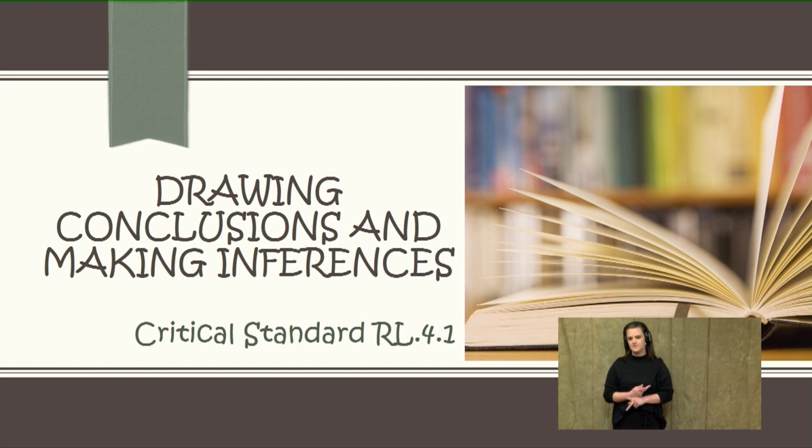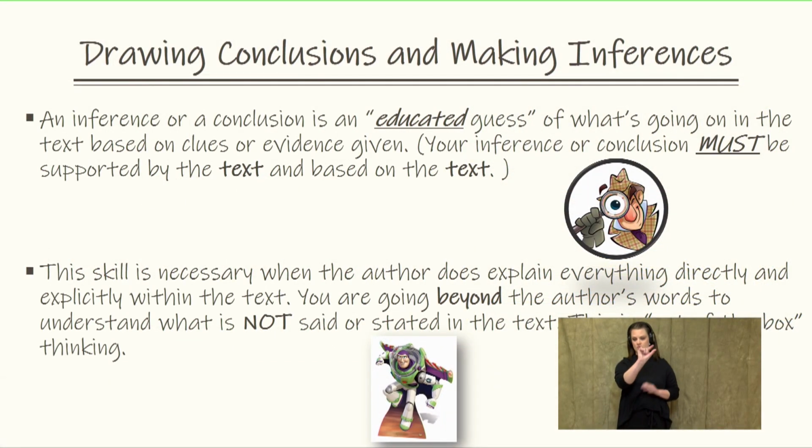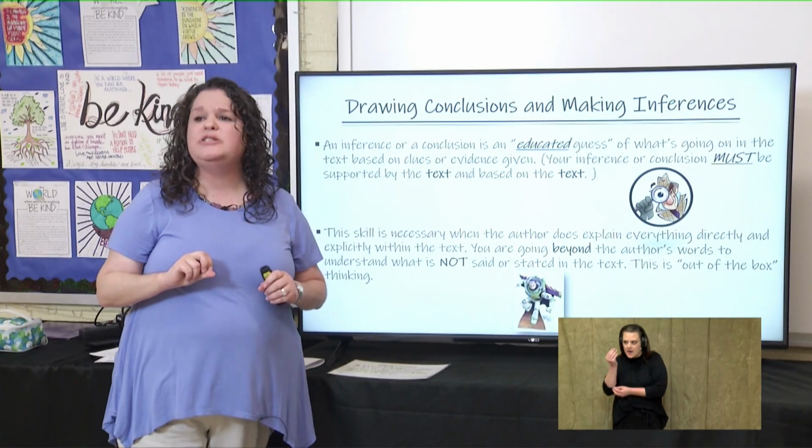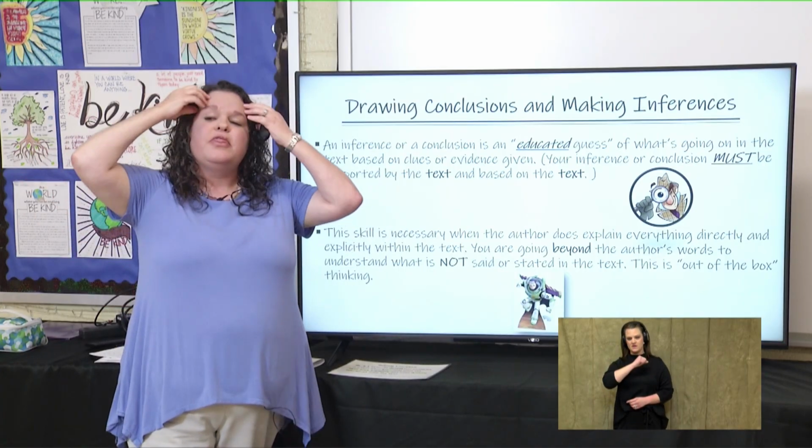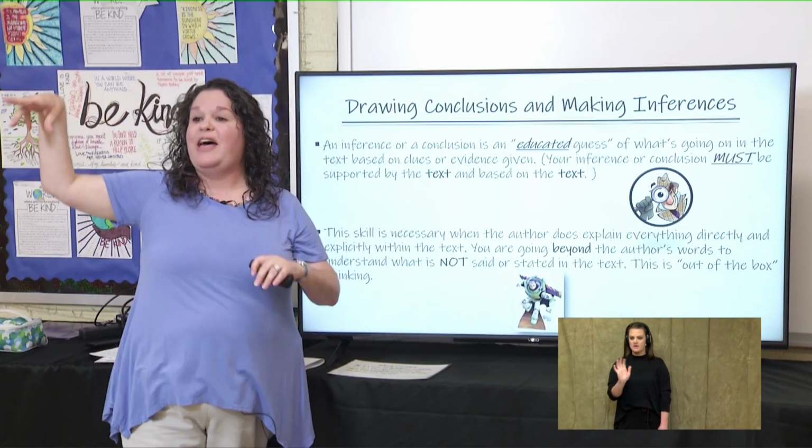So looking at our PowerPoint at drawing conclusions and making inferences, we know that it is a critical standard, 4th grade, 1st standard. So drawing conclusions and making inferences is an educated guess of what's going on in the text based on the clues or the evidence given. Again, it is an educated guess. So it's not just a guess out of left field.